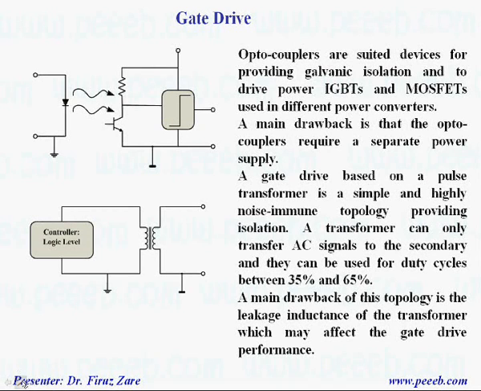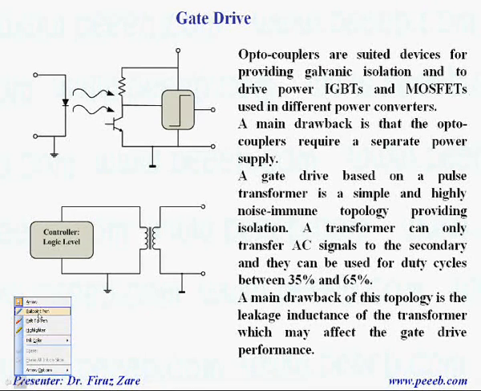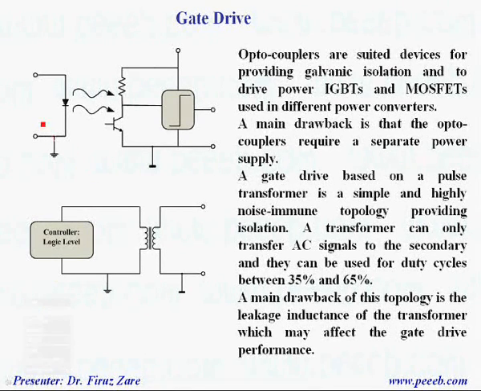For example, one of the methods is using an optocoupler. When we have a voltage from the controller, we can apply it to this diode, and then we turn the diode on and off, and at the same time in the secondary side we have a transistor that can be turned on and off.